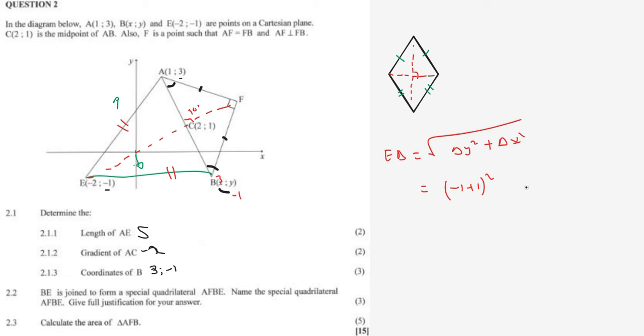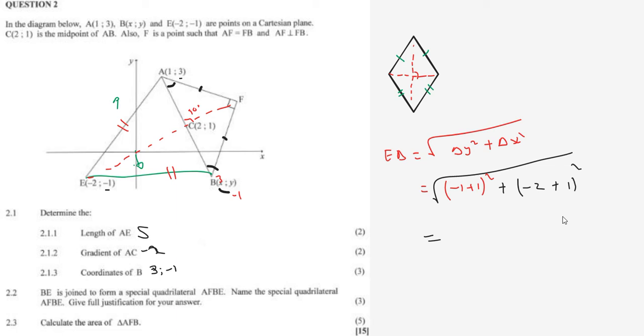Negative 2, negative 2, then plus, because this one is a minus, plus 1, all squared. There is a plus sign here, and then there is a root. This is all from your formula. So far, I've just spotted a mistake in my substitution.